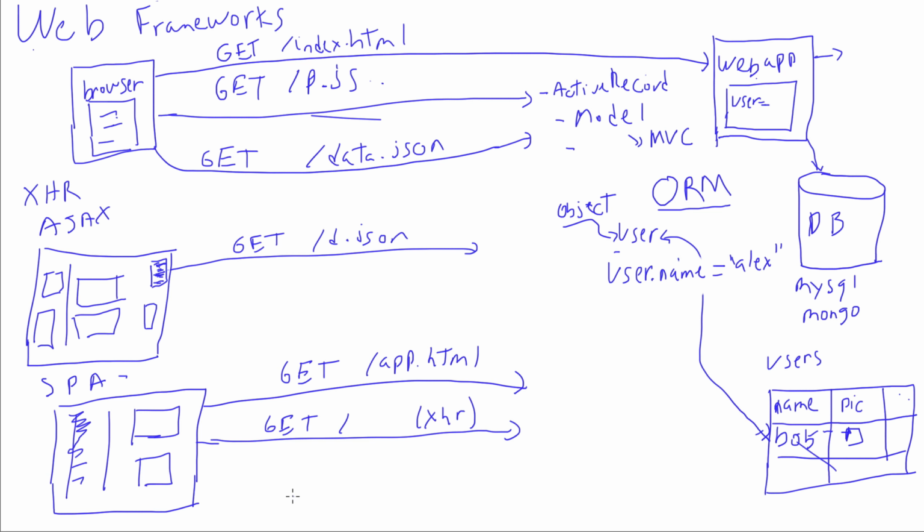Because it's all done with JavaScript, there's a lot of stuff that you need to keep track of in order to do this. So if you're going to do a single page application, you will use a JavaScript library such as Angular or React, which are two popular ones, with React plus some packages.